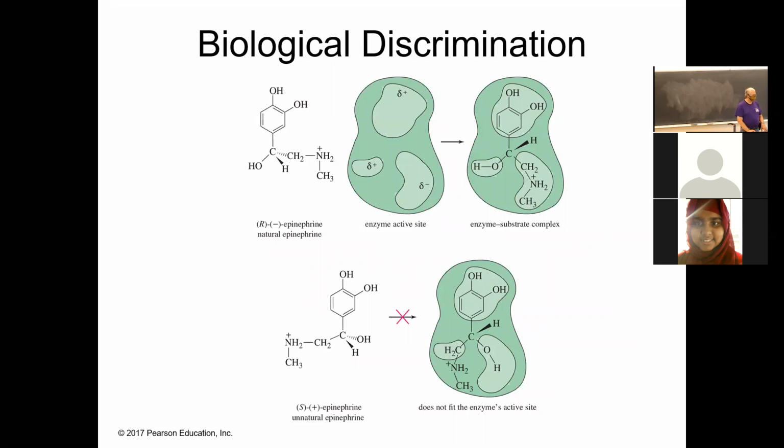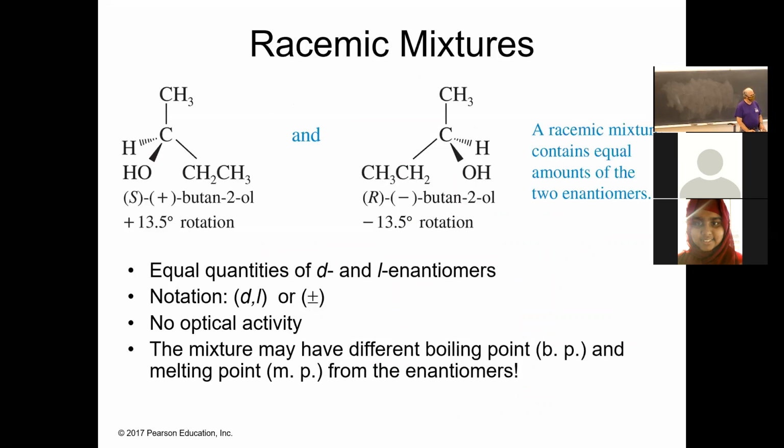Okay, biological discrimination. Again, this is an important reason why we study chirality, asymmetry in organic molecules. Okay, a racemic mixture is one that is exactly 50-50 of two enantiomers.